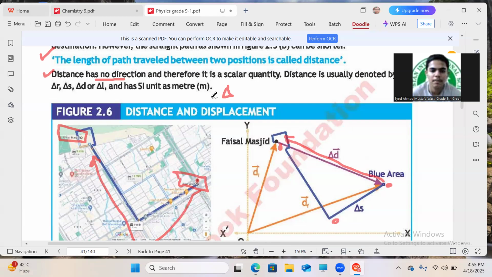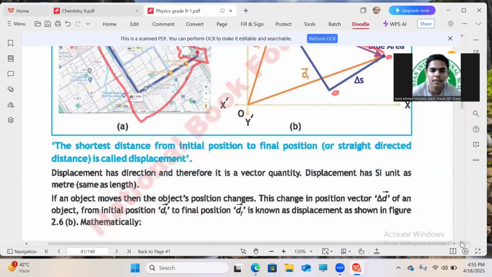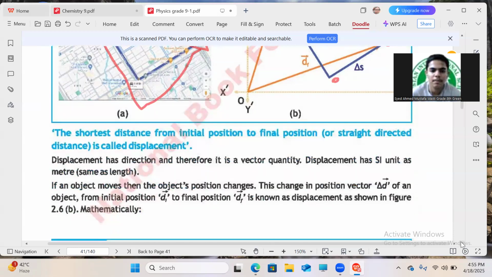So if this sign is added to S, R, D, or L, it means change in distance, change in length. Understand that? This symbol means change in physics. Secondly, what is displacement?